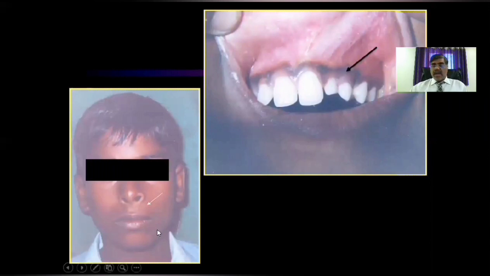This is a boy with an asymptomatic, painless swelling over the maxillary anterior region. Here you can see a retained deciduous lateral incisor and deciduous canine with missing permanent lateral and permanent canine. There is fullness of the buccal sulcus in the maxillary anterior region.